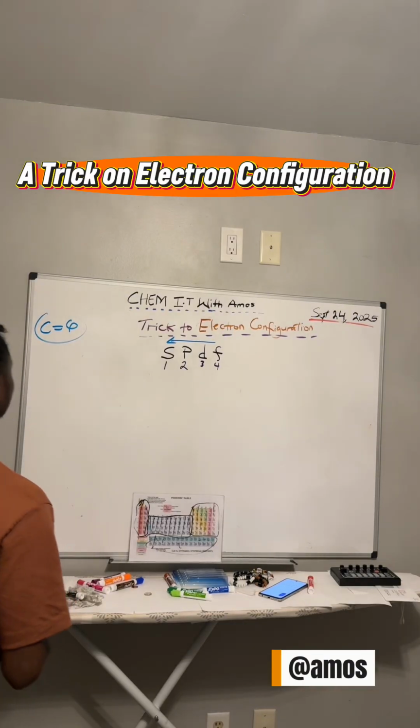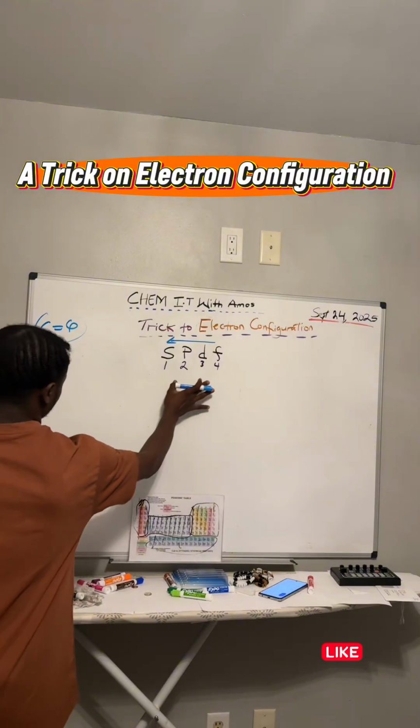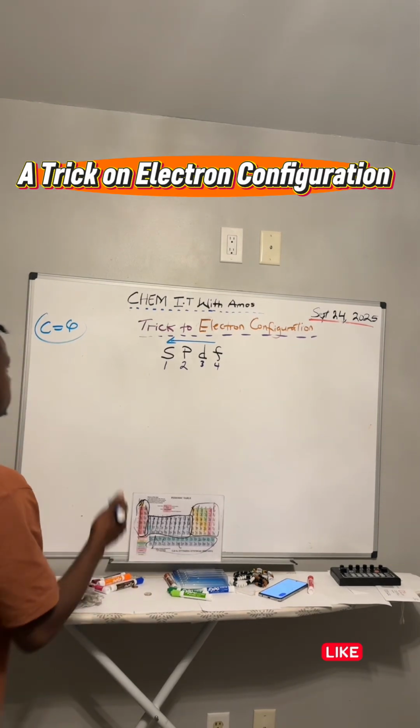Mostly teachers just draw that on the board and give it to students without telling them the origin of that. So it actually came from this trick that I captured. To do this, we will use this pattern.